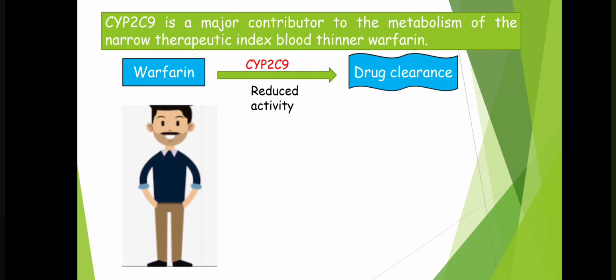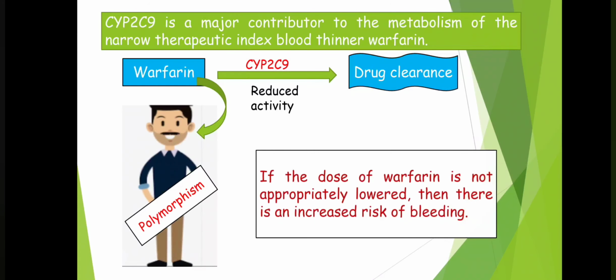When a patient has one of these two polymorphisms and is consuming warfarin, the dose needed for clinically relevant anticoagulation is generally much lesser since the drug clearance is reduced. If the dose of warfarin is not appropriately lowered, there will be an increased risk of bleeding.